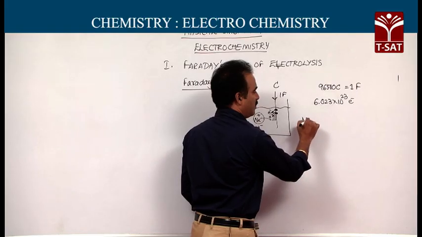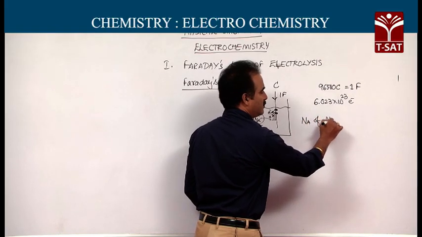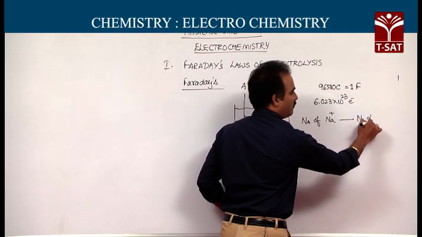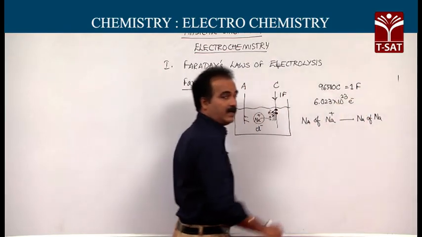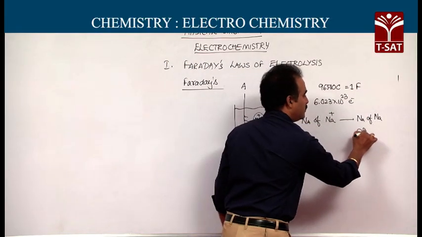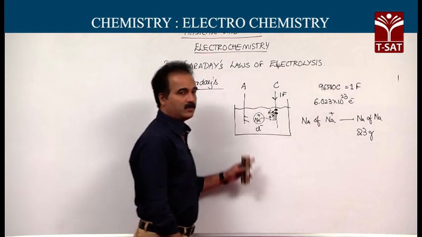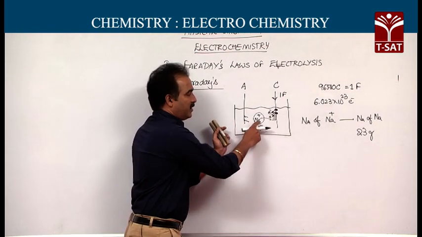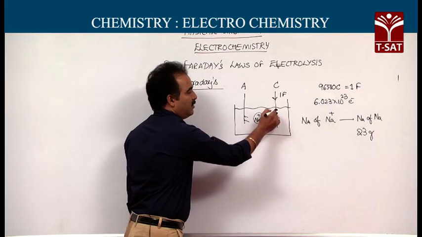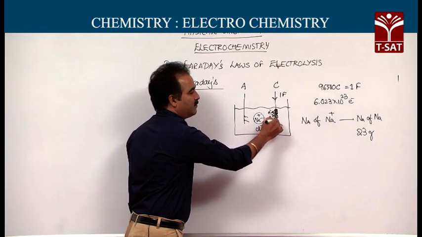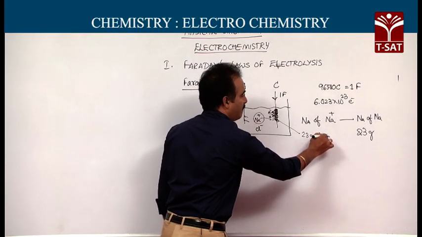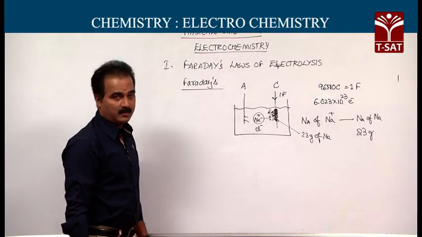So, Avogadro number of sodium ions will become Avogadro number of sodium atoms, which is nothing but 23 grams. So, when you send 1 Faraday of charge, 23 grams of sodium is deposited.